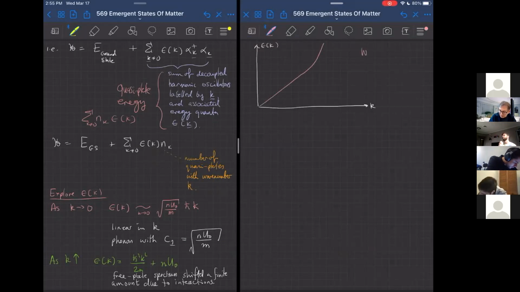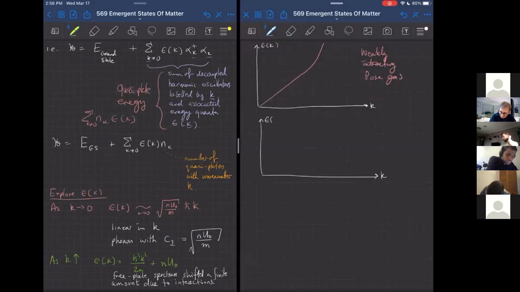So this is the weakly interacting Bose gas. And it's not the same as what you have for helium. What we have for helium starts off looking like this, but then it does something like that, and then eventually comes up something like that. So this is what you get for helium-2. Helium-2 is of course strongly interacting, and we're just looking at the weakly interacting Bose gas.